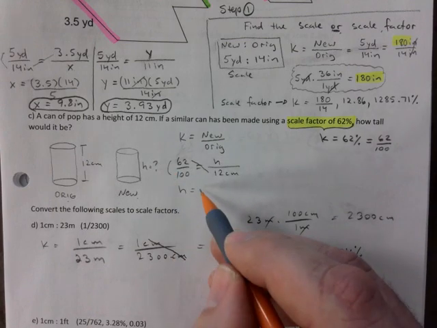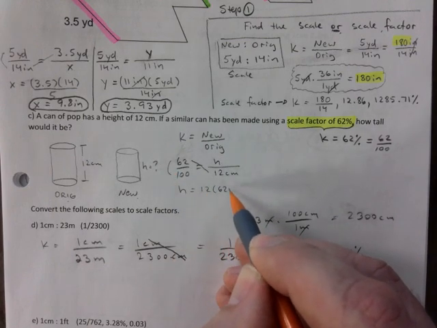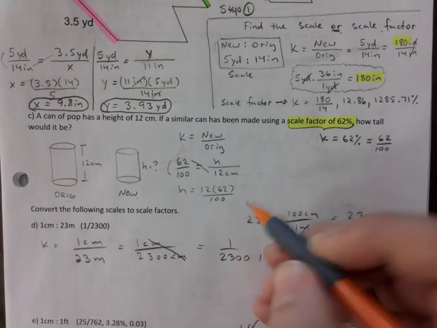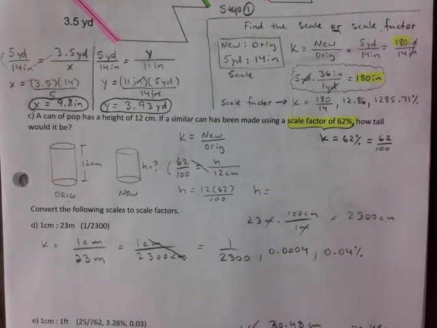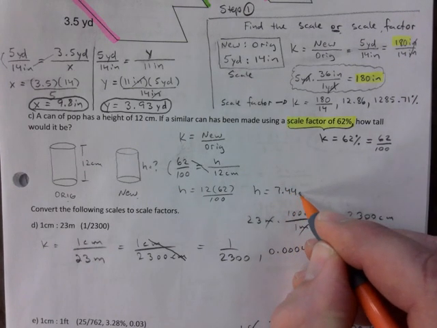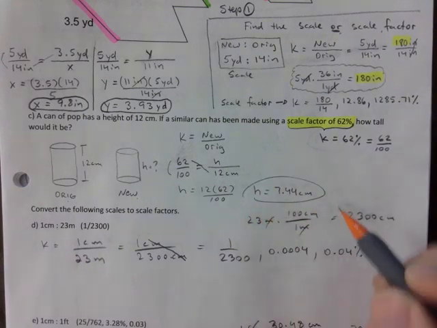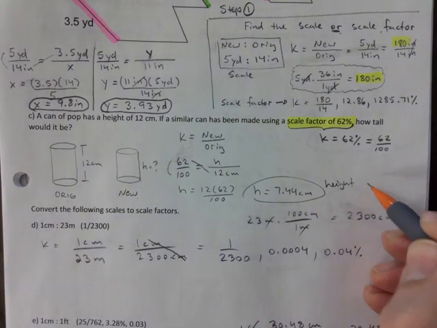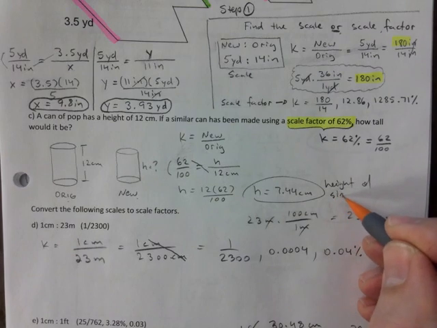Cross multiplying, dividing: 12 times 62 divided by 100 is 7.44 centimeters, the height of the similar can.